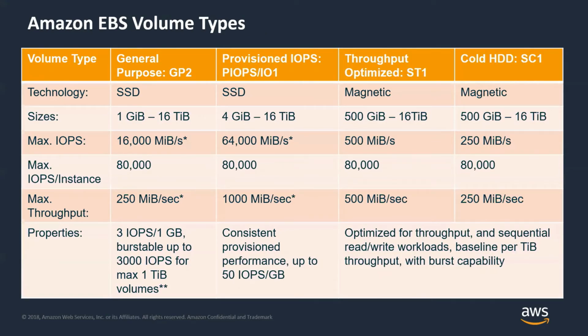So here's an example of the various types of EBS volumes and how large they can go, along with their IOPS provisioning. As you can see, quite a bit of options.